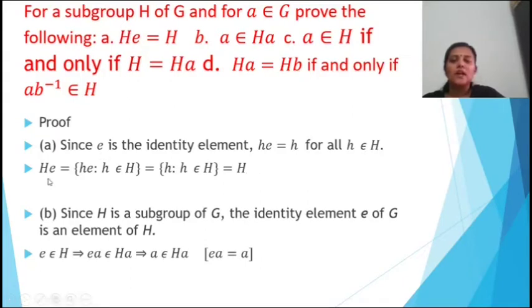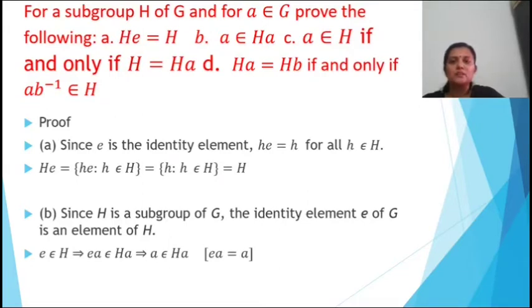So the right coset He is defined as the set of all he such that h is an element of capital H. This he equal to h, so h such that h is an element of capital H, which is capital H itself, the set H itself. So the first part is done.